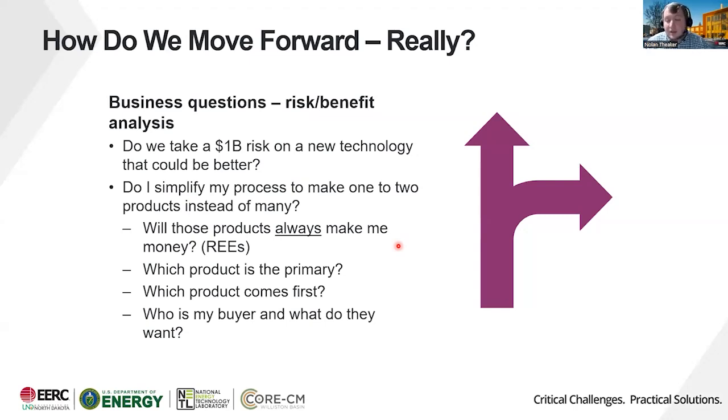because of either price fluctuation or just the lack of supply chains in favorable countries. What product is going to be the primary product? And so that will dictate how I process these things to make sure I get the primary product that's always going to make me money, rather than a secondary one that I might have to stockpile for a year or two waiting for the price to finally return.